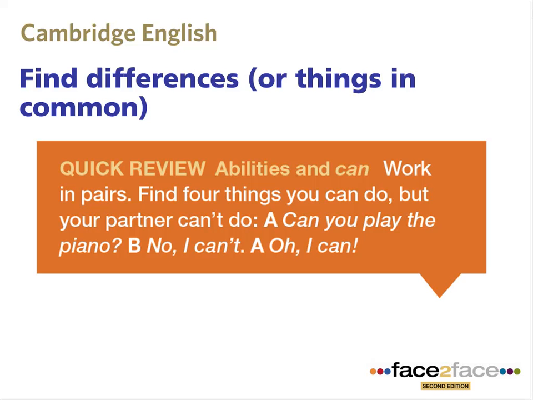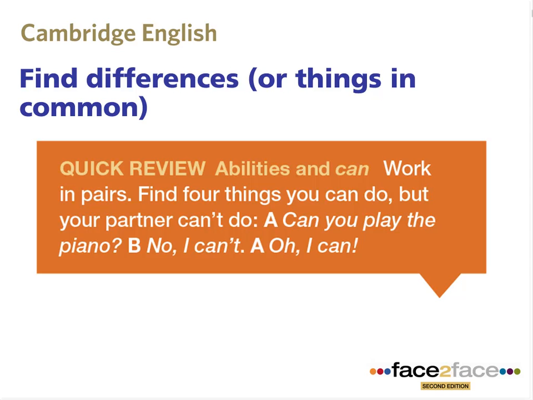So I can swim, I can dance, I can play tennis, etc. So you can use this kind of format for practically any type of vocabulary. Also, you can use the alternative, which is find things in common. So find 4 things you can both do. You can use this format with almost any area of vocabulary or grammar.